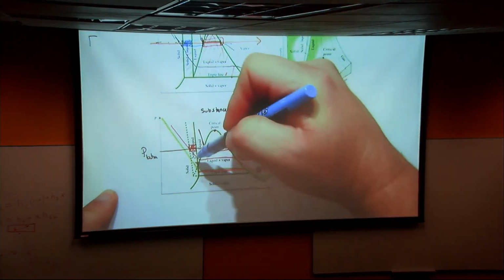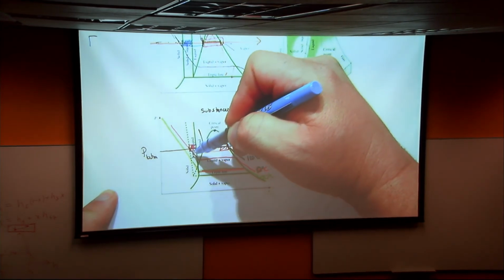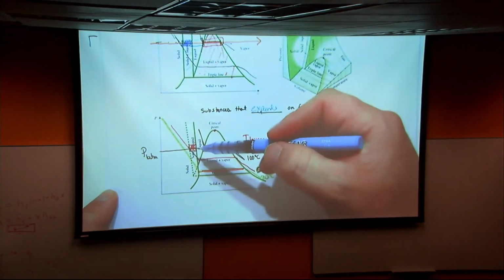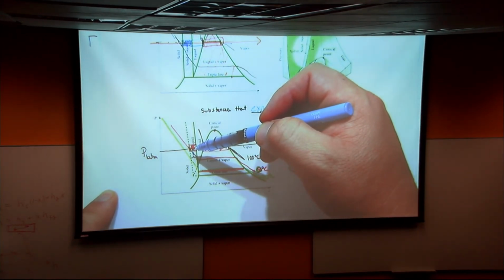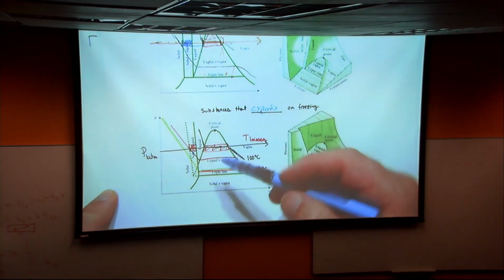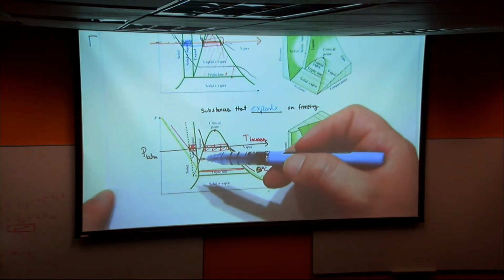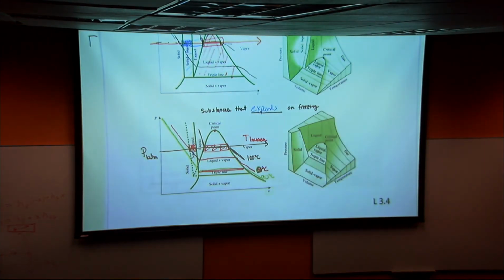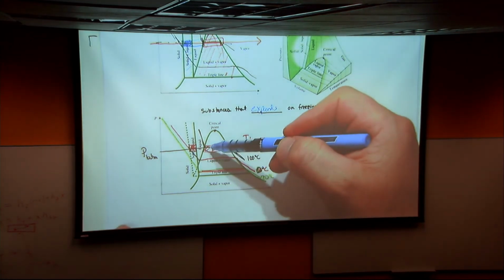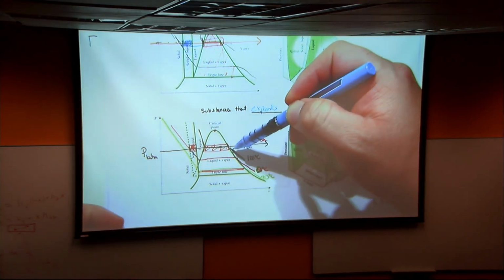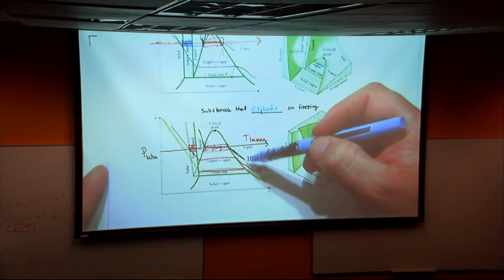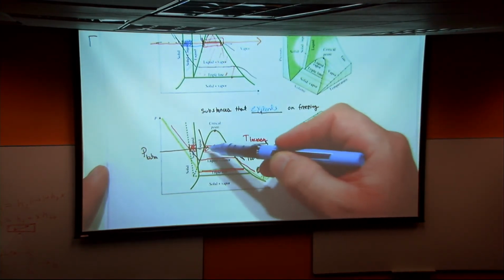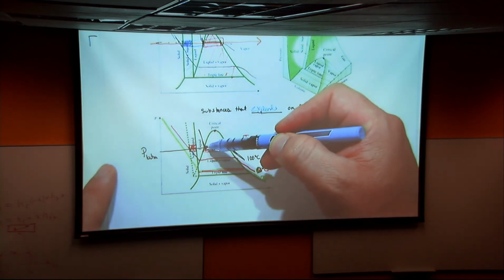So if I put this as 0 degrees C, you can see that I come through this region here. So at 1 atmosphere, 0 degrees C, you have phase change, right? You go from solid to liquid, and there's a width associated with that. Just like on this bell curve, this is my line for 100 degrees C. At 100 degrees C, 1 atmosphere, I can be all liquid, saturated liquid.